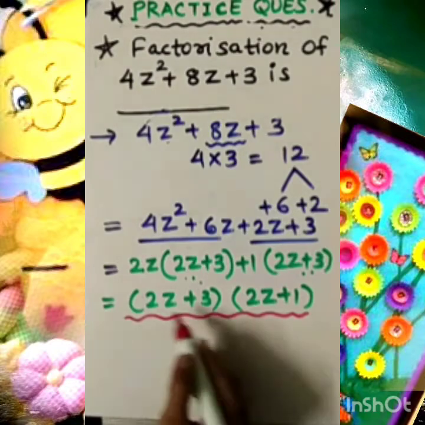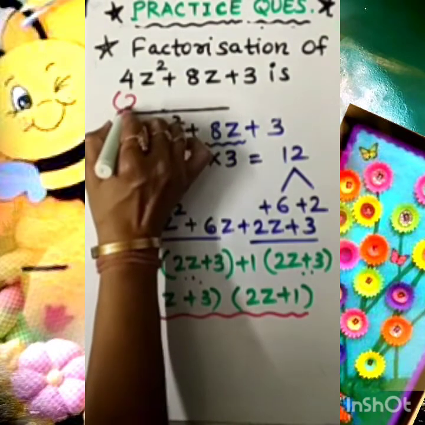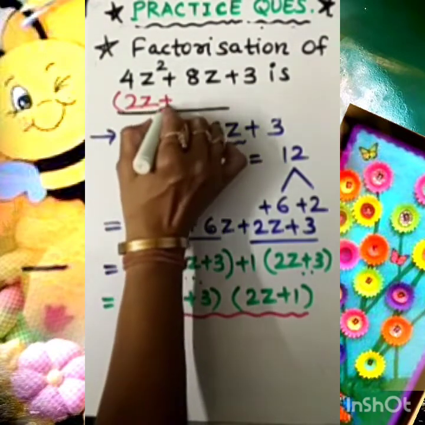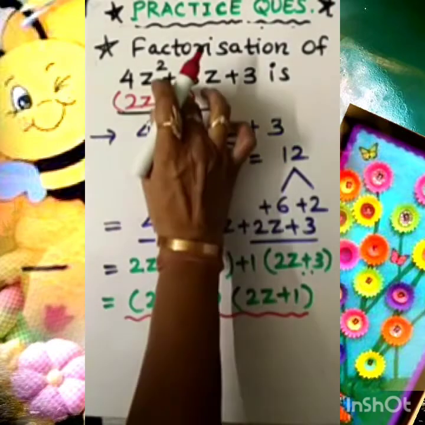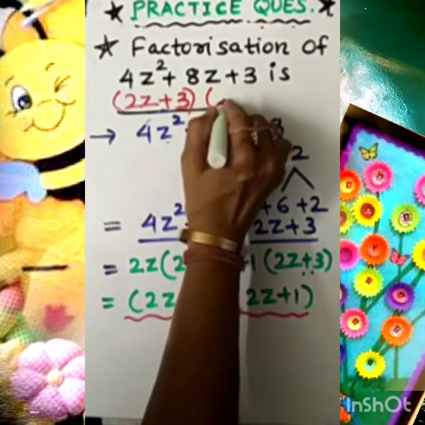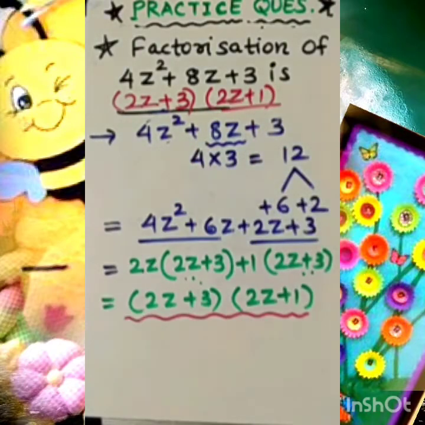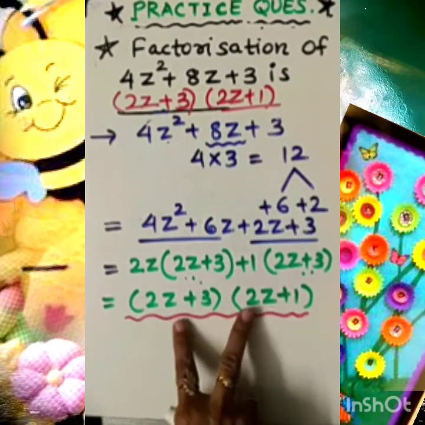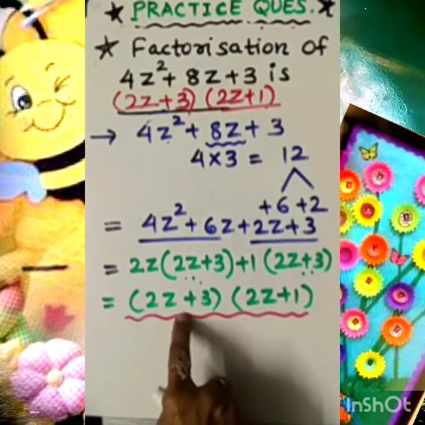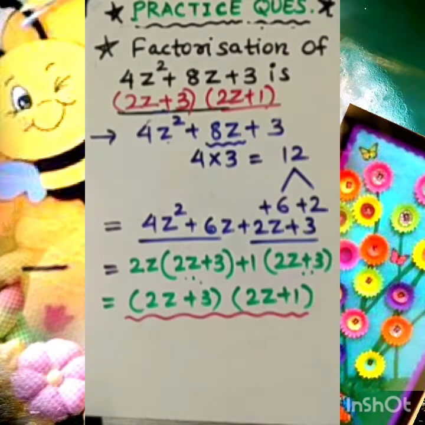So I need to write this as the answer. First bracket is 2z plus 1, then 2z plus 3. If we write this term first and this term second, there is no issue. Fine. So this is the solution of this question.